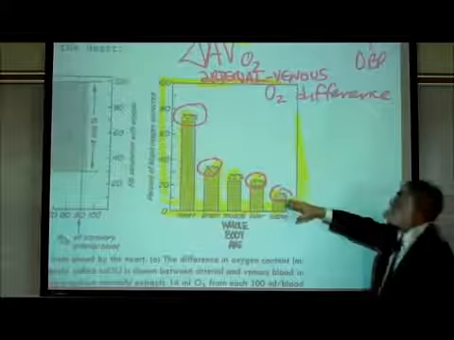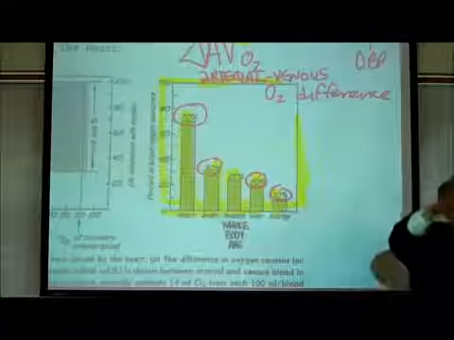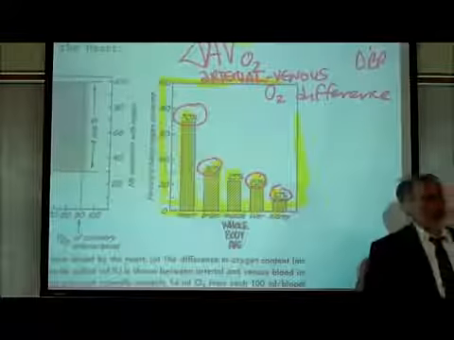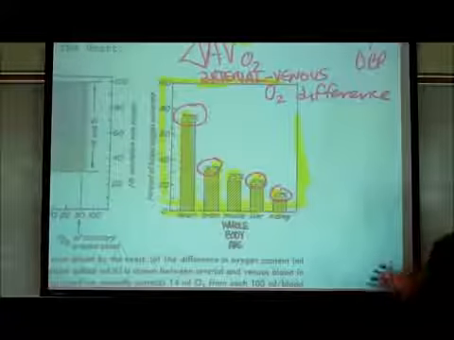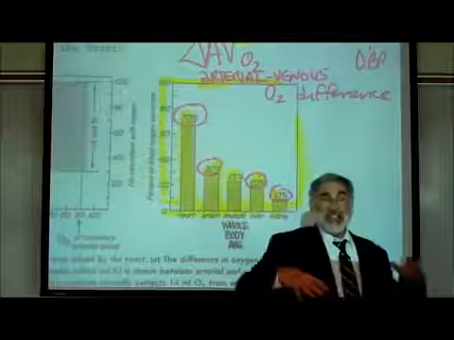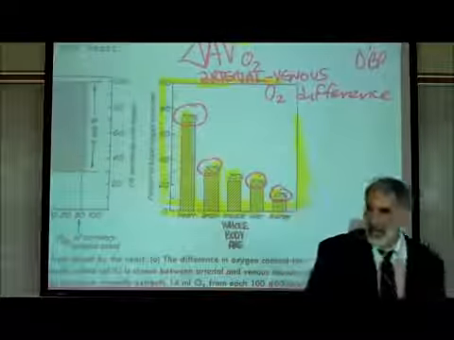That means the renal vein coming out of the kidney still has 90% of the oxygen. The kidneys don't work too hard, and they get a continuous flow of blood.